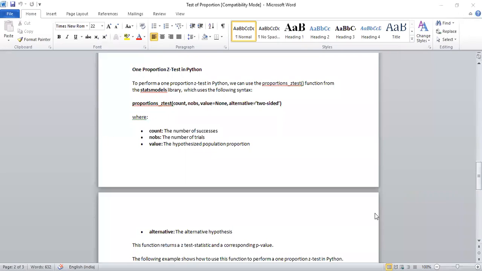Okay, before discussing this other part, let's try something related to the one proportion z test.